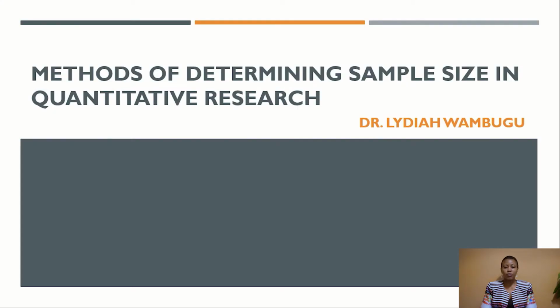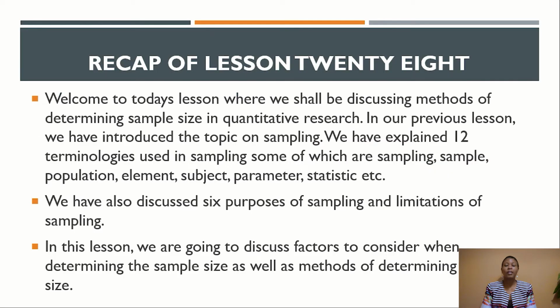Welcome to today's lesson, where we shall be discussing methods of determining sample size in quantitative research. In our previous lesson, we introduced the topic on sampling. We explained 12 terminologies that are used in sampling. Sampling is the process of selecting a subset of the population that will be used in the study.